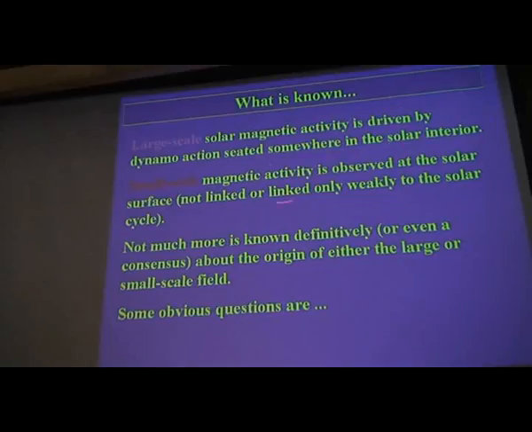Small-scale magnetic activity is observed at the solar surface, and as I said, it's not linked or linked only weakly to the solar cycle. It should be noted, and I'll point it out again, that at the surface there is a shear flow there as well, so one might be interested in the interaction of a small-scale dynamo with a shear flow. I think it's fair to say that not much is known definitively, or there's not even consensus about the origin of either a large or small-scale field.